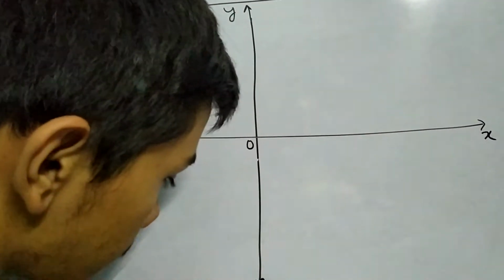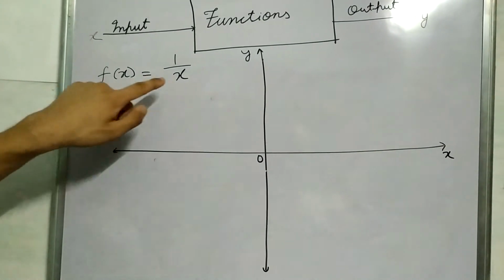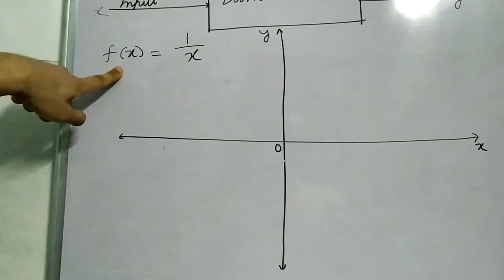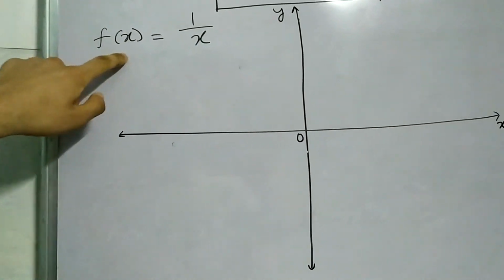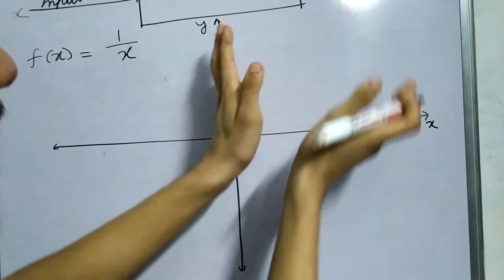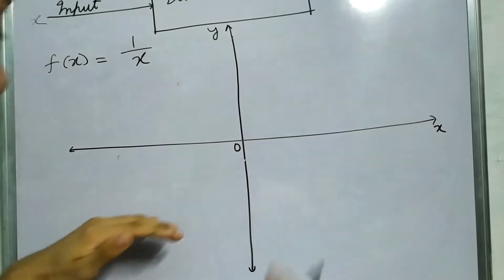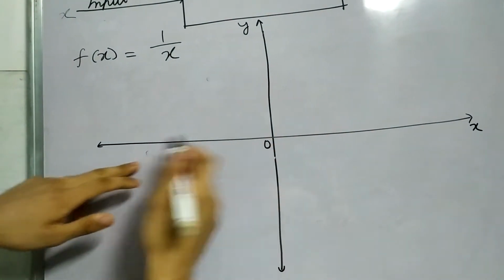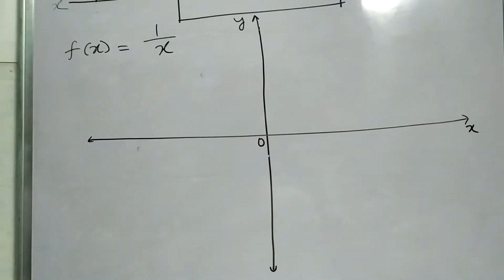You can extend. Now here's the thing. If x is positive, f of x will be positive. I hope you understand. And if x is negative, f of x will be negative. So for positive values of x, you can imagine that the graph of this function will be above the x-axis, and for negative values, for x lesser than 0, this will be downwards, below this axis.